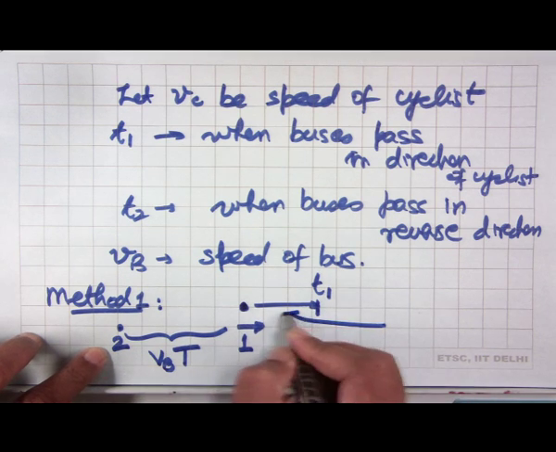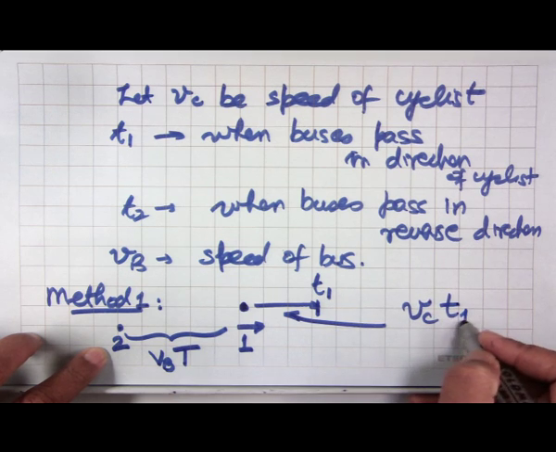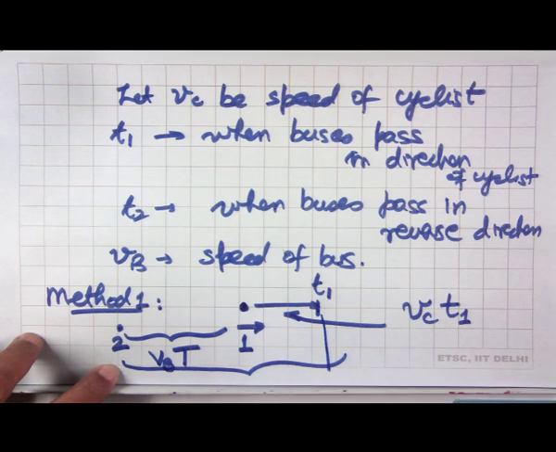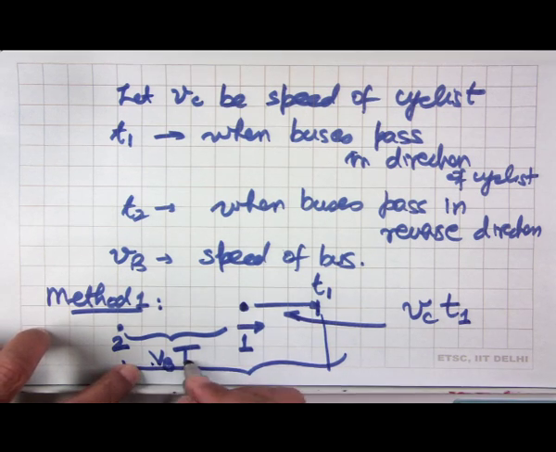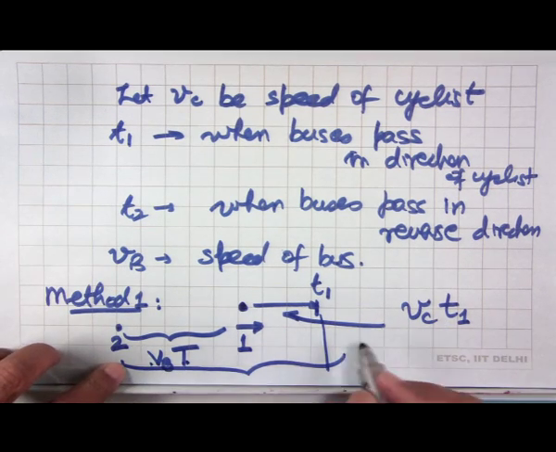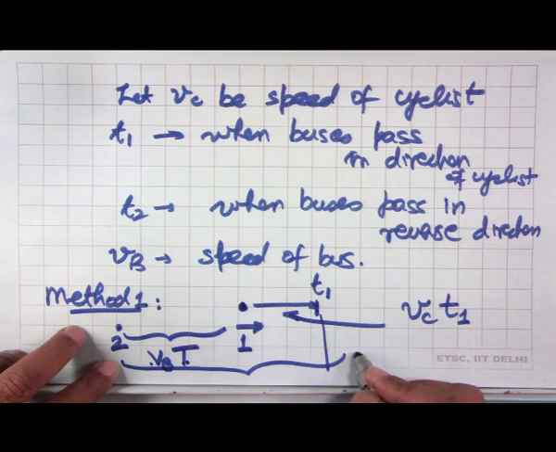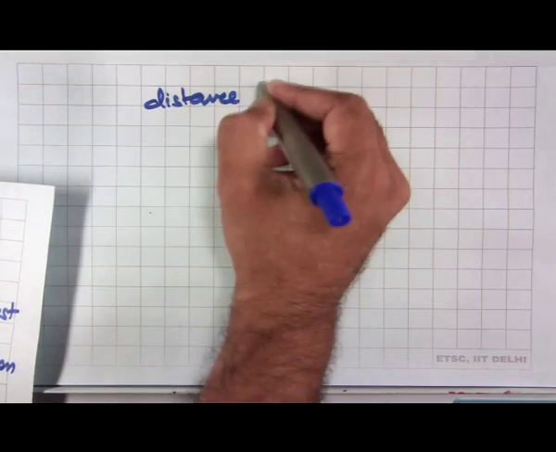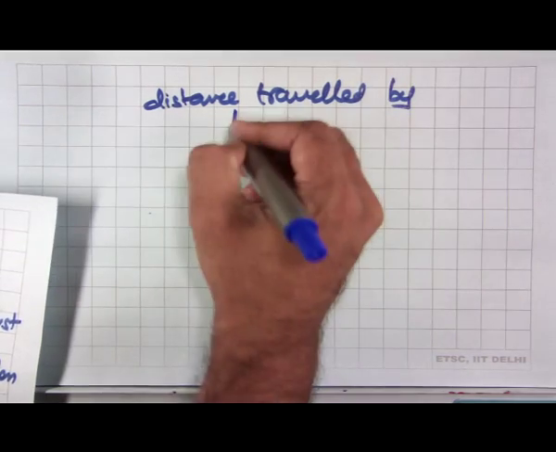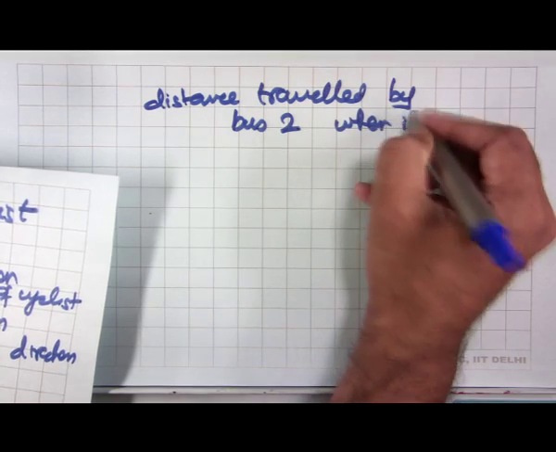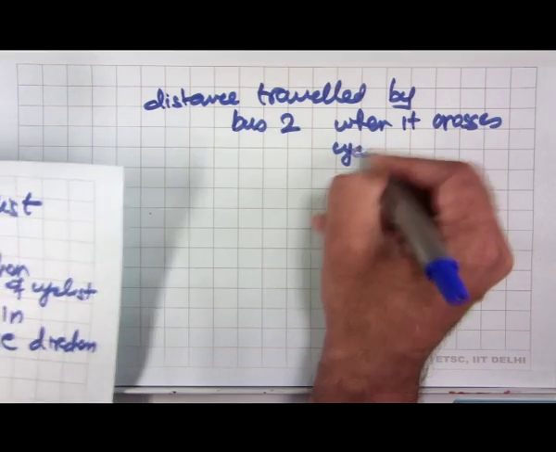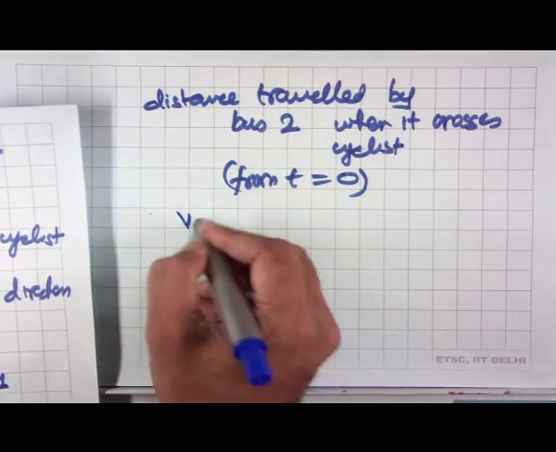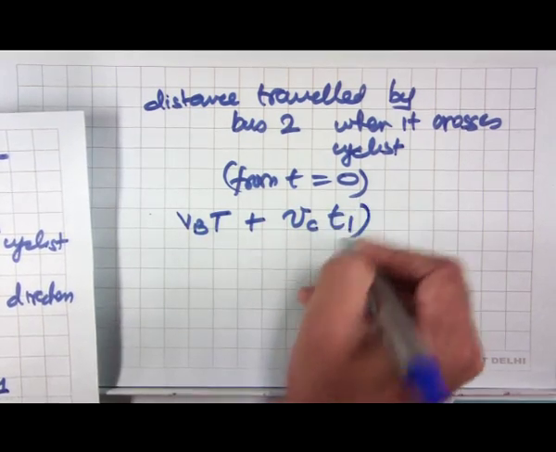The distance travelled by the cyclist during this time t1 will be equal to Vc times t1, and the distance travelled by bus number 2 during this same time is equal to Vb times T plus Vc times t1.